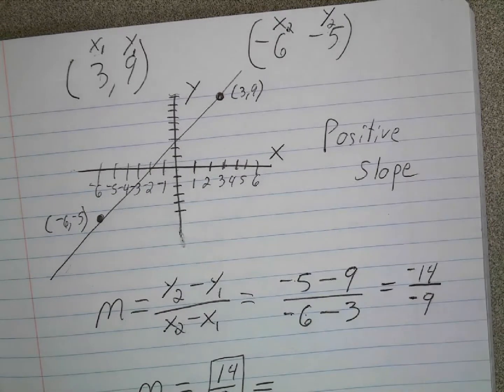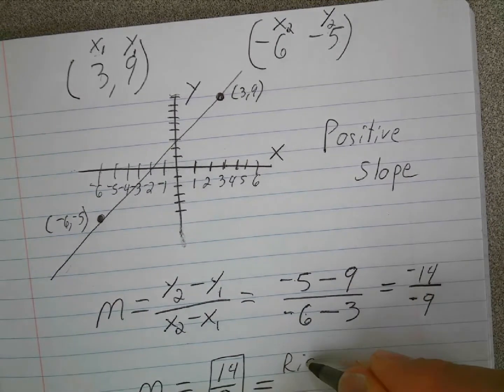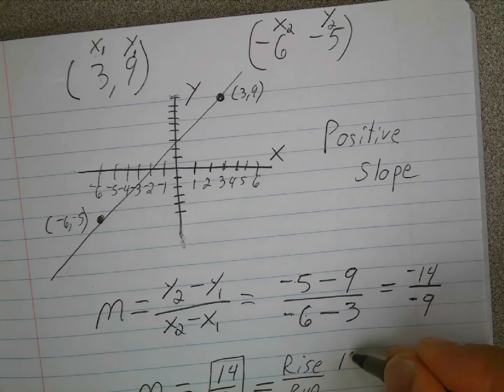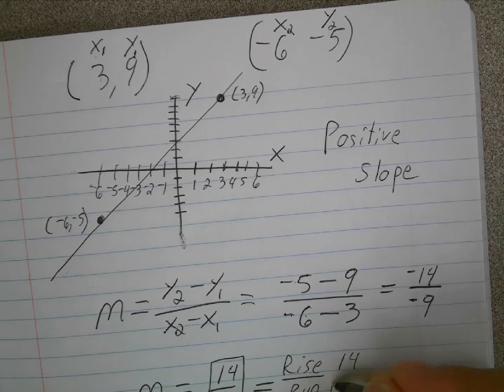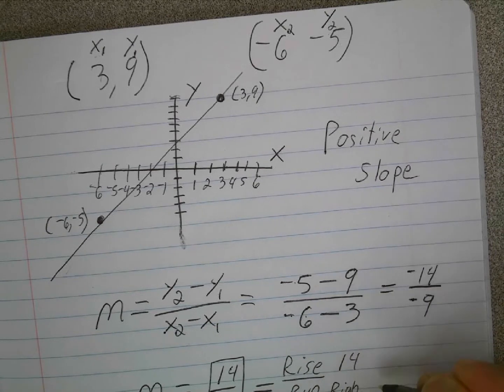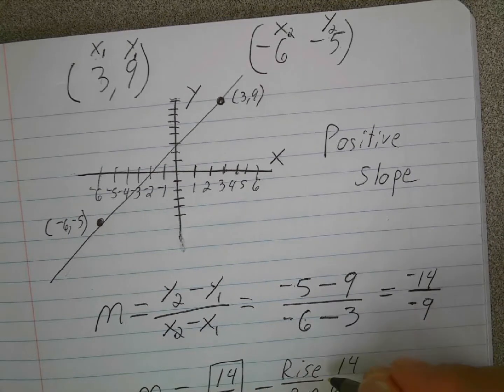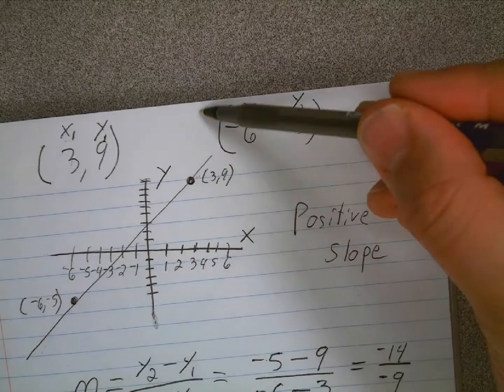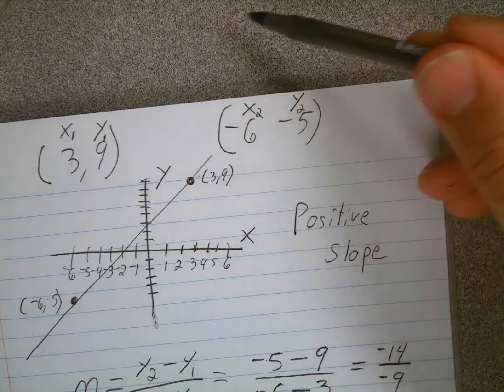So if I were to do my rise over run, if I wanted to find other points, I would rise 14 and run to the right, because it's a positive 9, run right 9. So I'd go up 14 and run over 9.